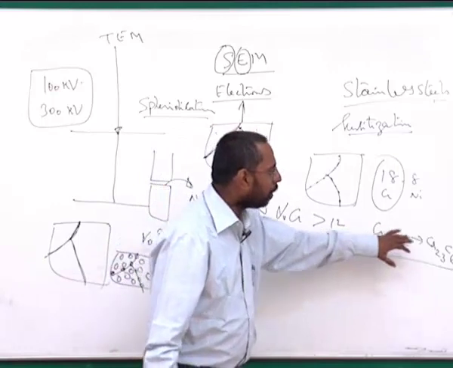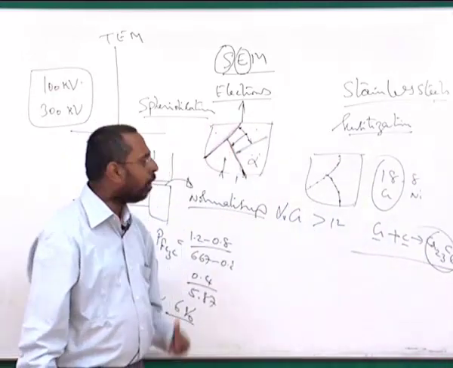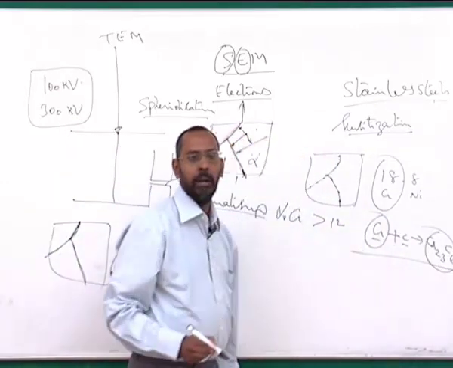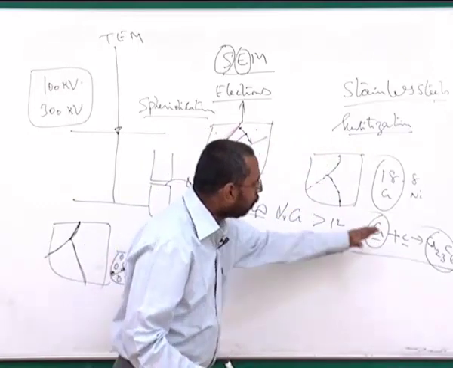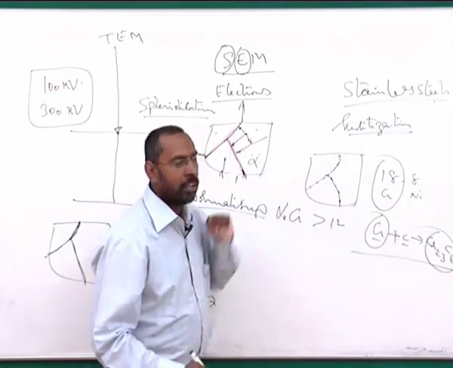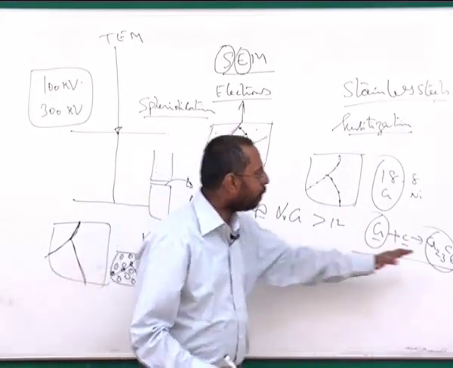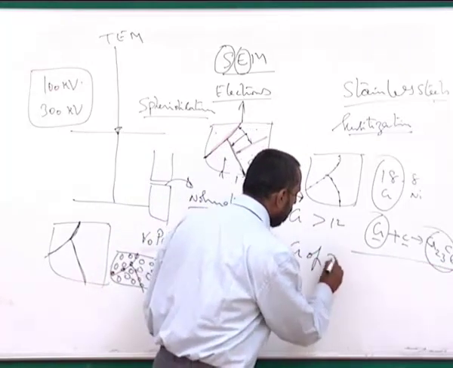We are not so much concerned with the precipitation of Cr23C6, but more concerned about the loss of chromium because of this reaction. The moment chromium is removed out of the austenite and reacts with the carbon to form Cr23C6, the chromium content of the austenite comes down.